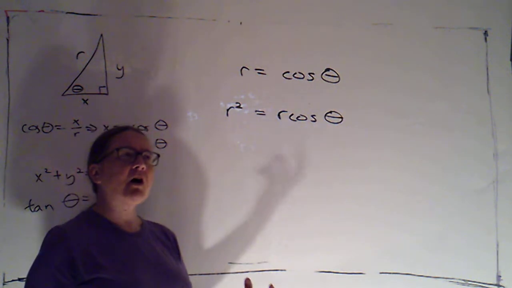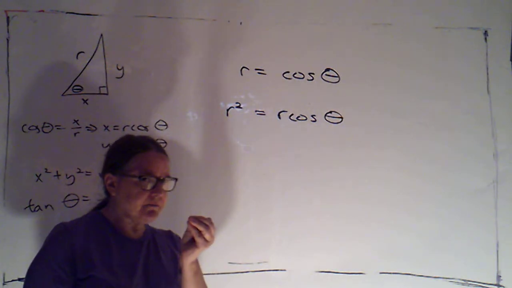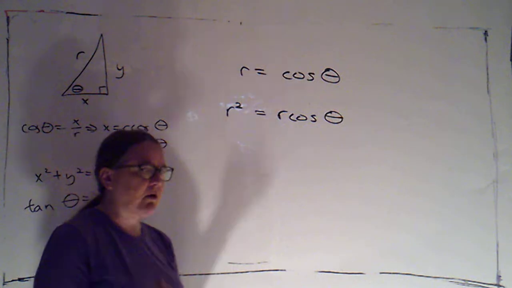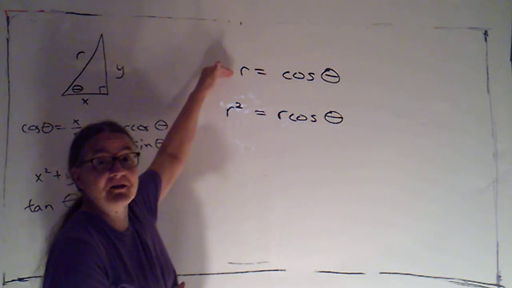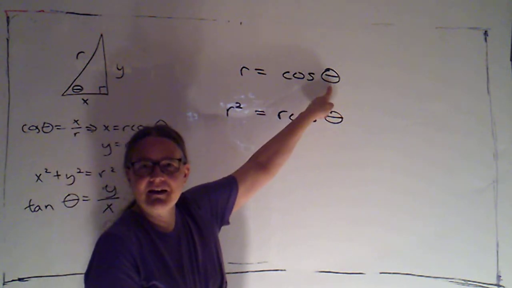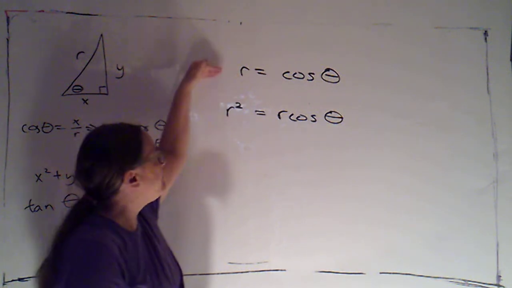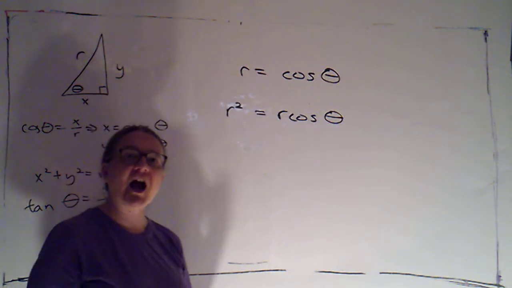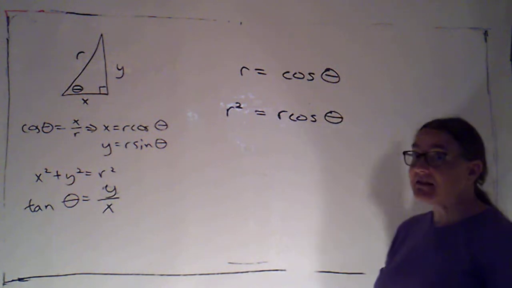Now, r equals 0 corresponds to just a single point. So we sometimes do allow ourselves to work with that because often that single point was already part of the graph. And it was here, because there are certainly values of theta that would make cosine of theta 0, which would make r 0. So in multiplying both sides by r, I did not introduce any extra points to my graph.